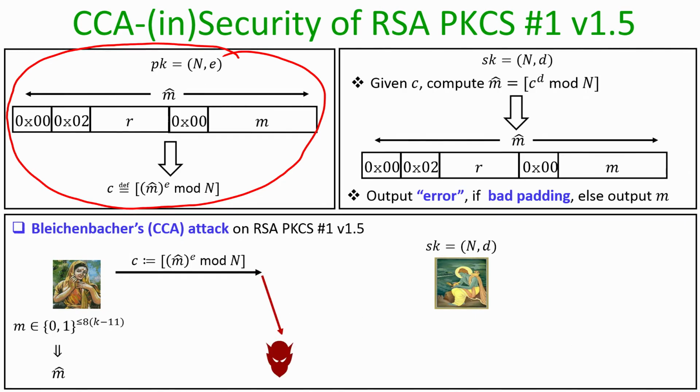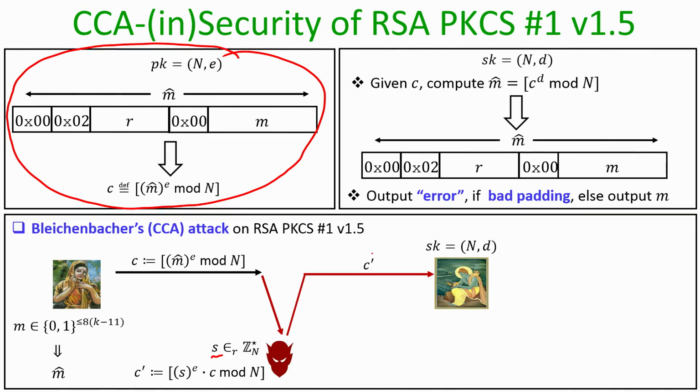Now, imagine there is a malicious, active adversary who obtains this ciphertext, and it exploits the malleability of the underlying RSA function. It picks a random element from the group Zn star, which we call little s, and computes a modified ciphertext c dash, which is s to the power e multiplied by the ciphertext little c which the adversary has intercepted, modulo n.